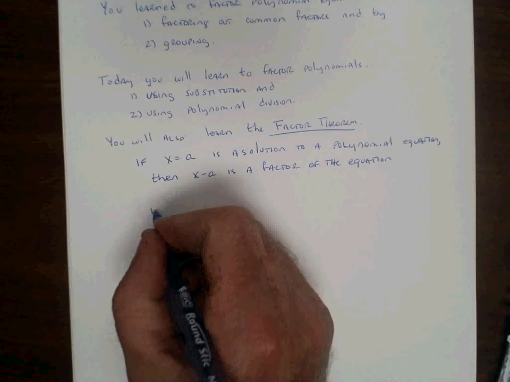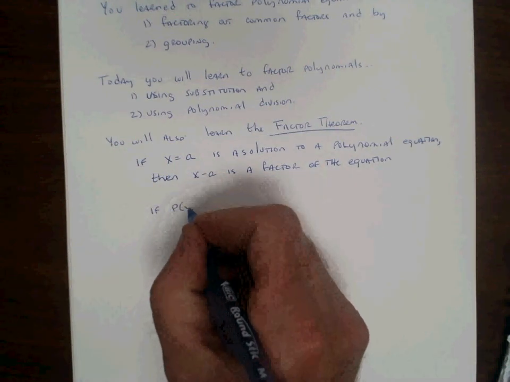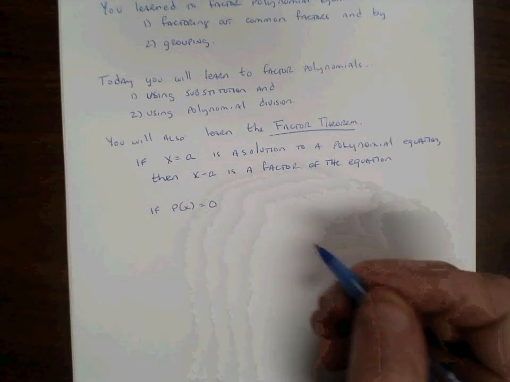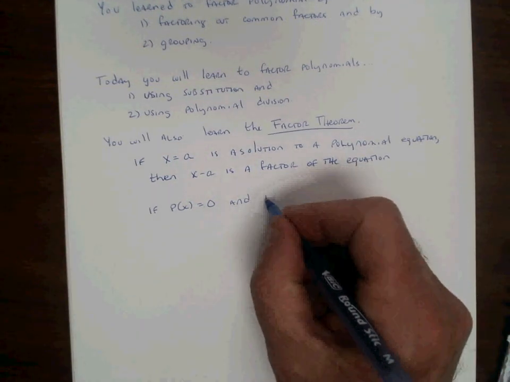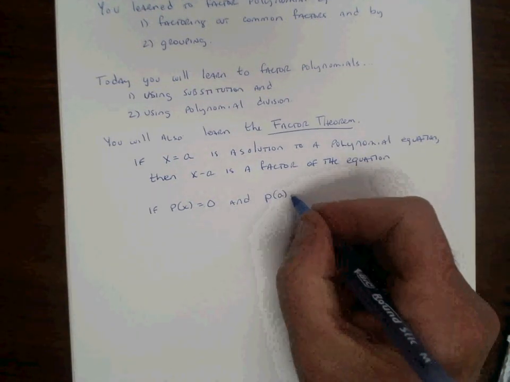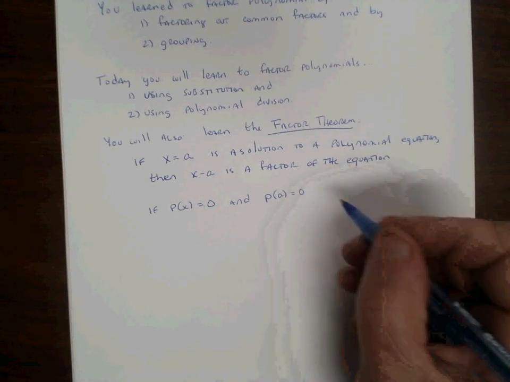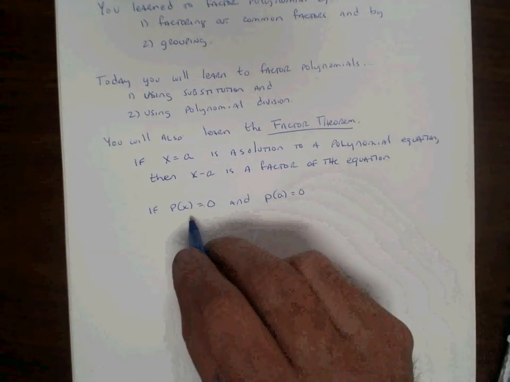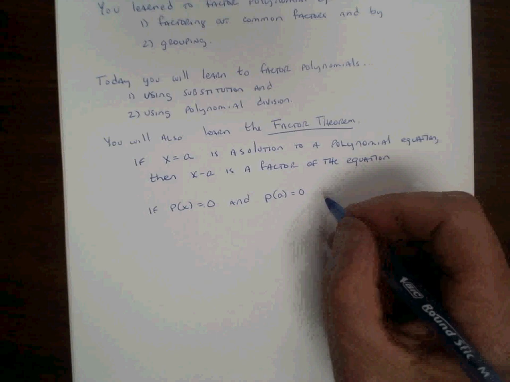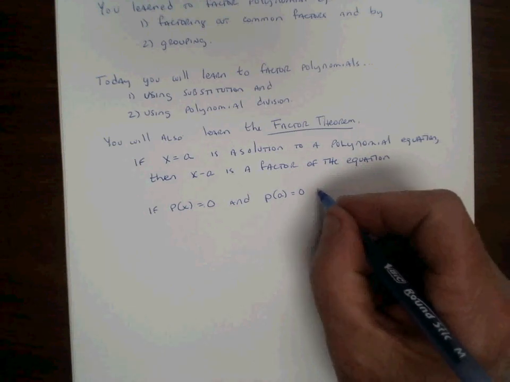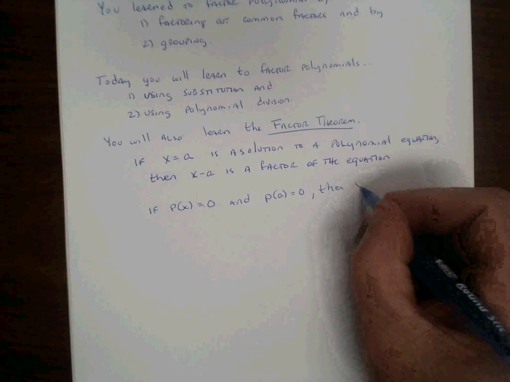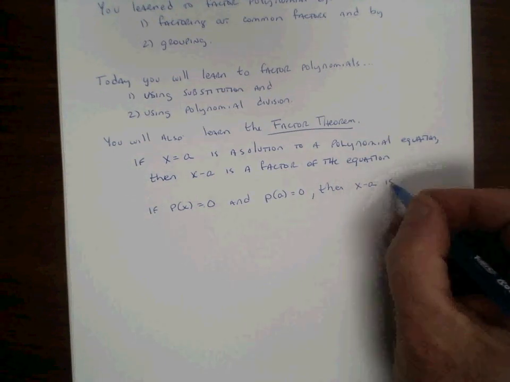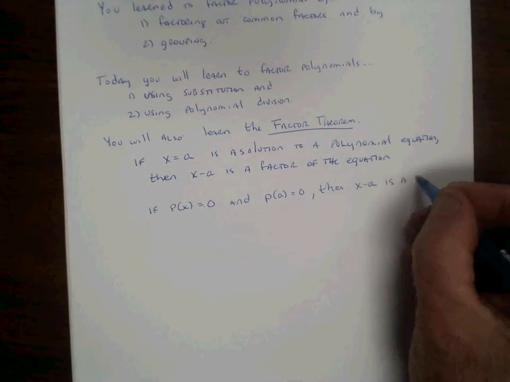This means that if p of x equals 0, it's a polynomial equation, and p of a equals 0, this means a is a solution to the equation. Then x minus a is a factor of p of x.